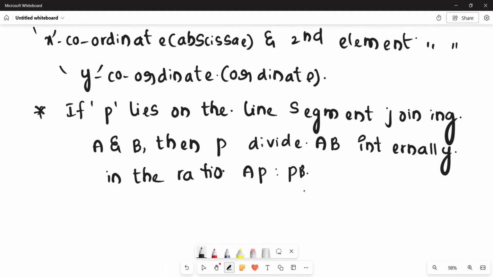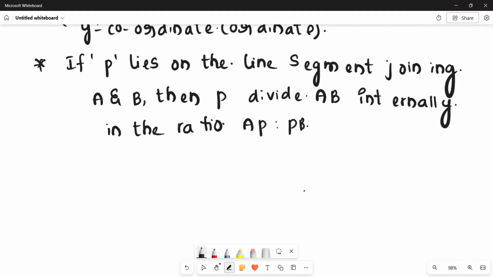So let us try to draw the representation of this.